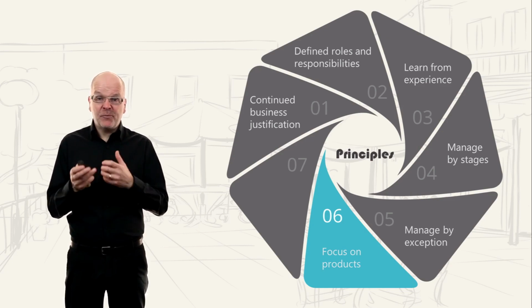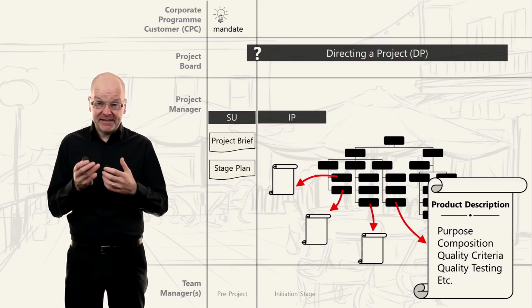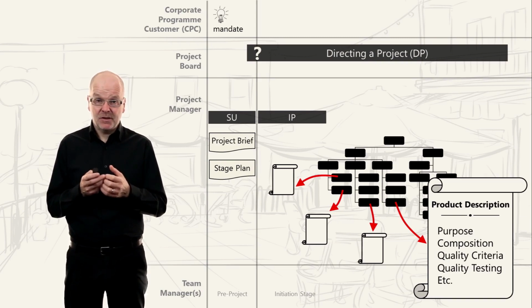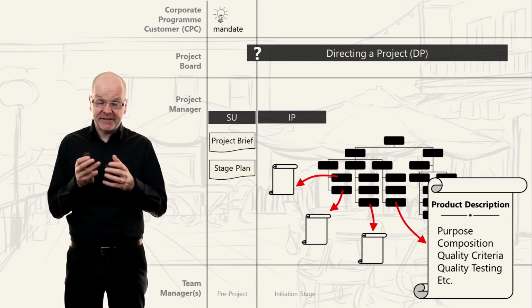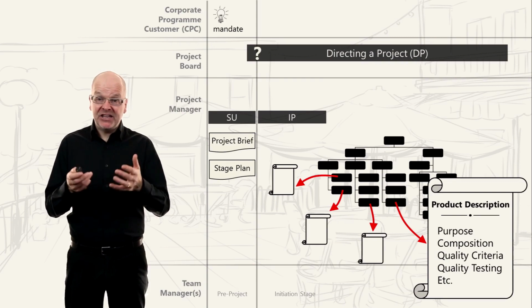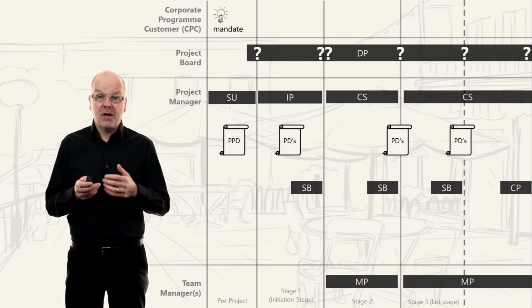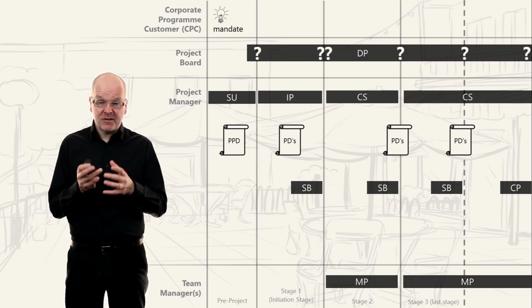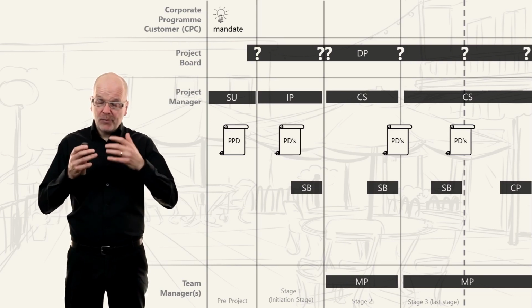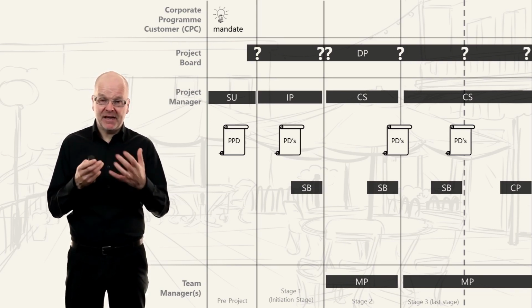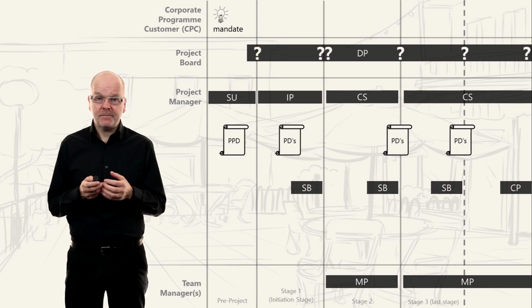Then the majority of product descriptions can be defined in the initiation stage. But we also create and update product descriptions in each stage boundary process as well. PRINCE2 also states that we should start writing product descriptions as soon as possible, so all project stakeholders have a clear idea on what to expect.